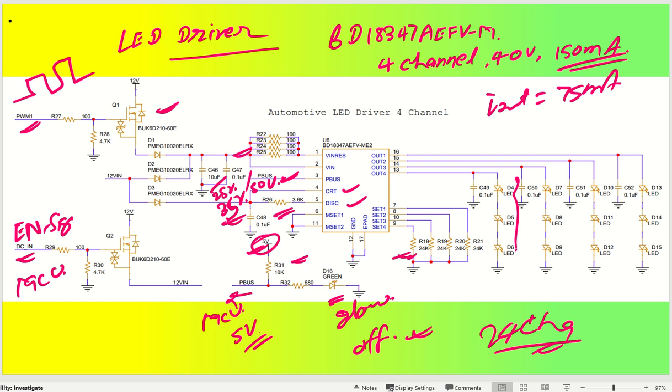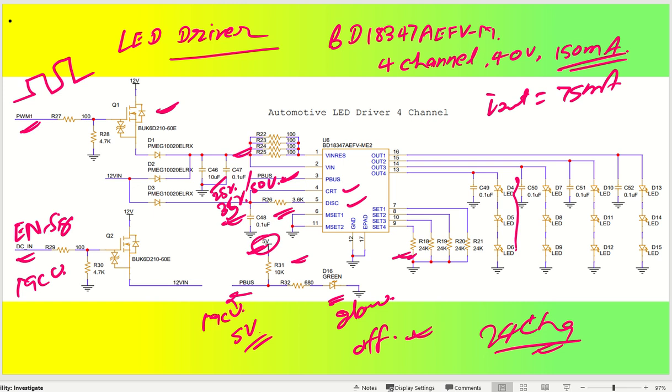We will take an example so that you have a good understanding of how to design a backlight driver for automotive LED clusters, or automotive cluster design, using 24 channel LED drivers.